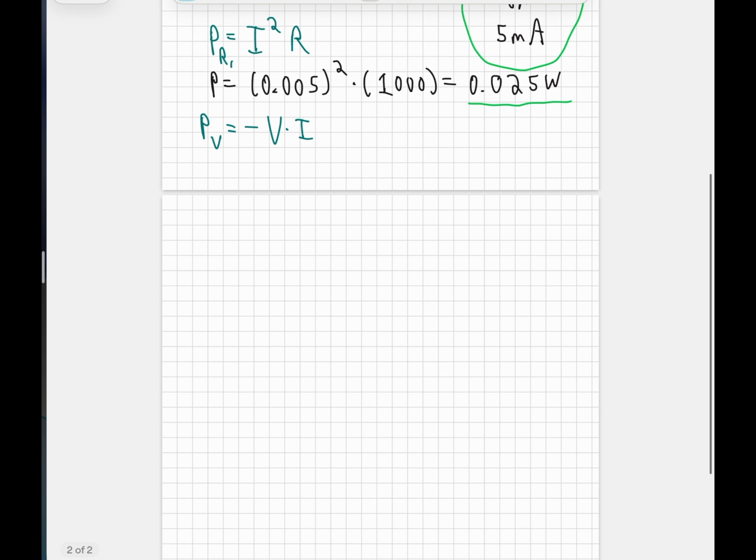Let's scroll down a little bit here. So usually, let's say you have 2 points here. You've got a resistor.